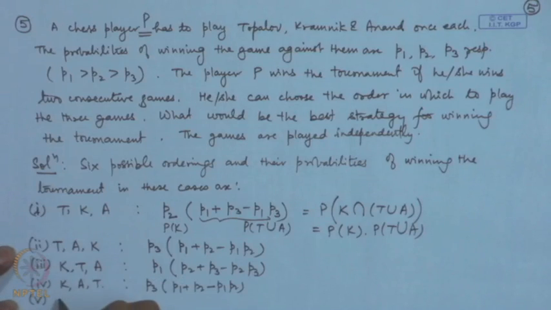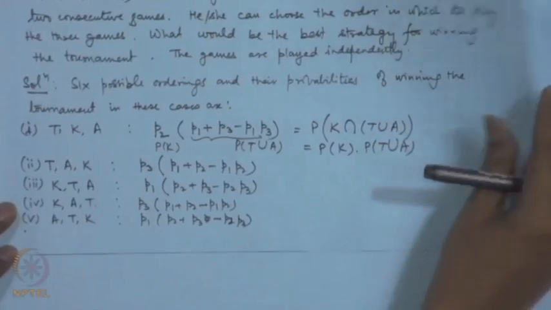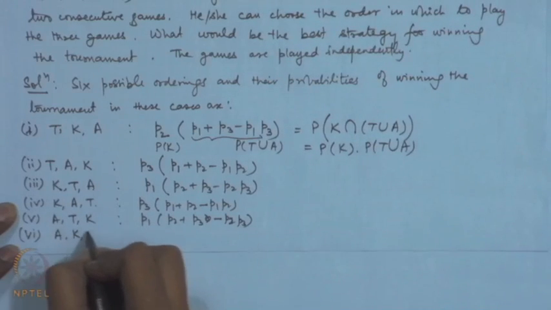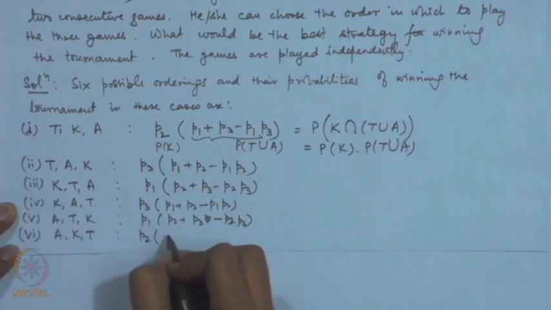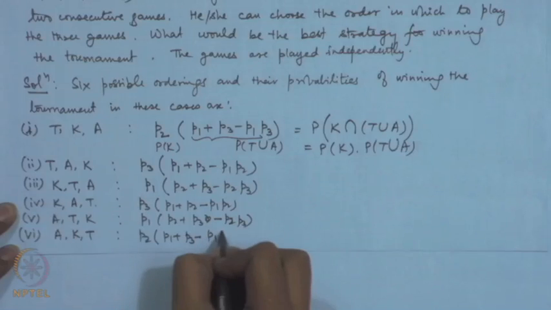Then fifth option is A T K, that is equal to P 1 into P 2 plus P 3 minus P 2 P 3, and similarly A K T, that is P 2 into P 1 plus P 3 minus P 1 P 3.